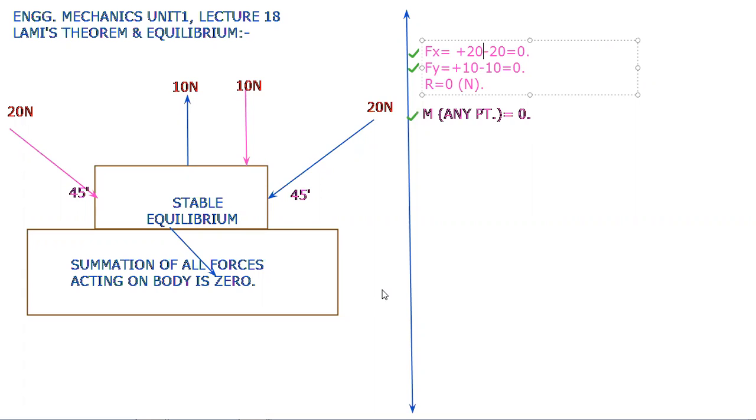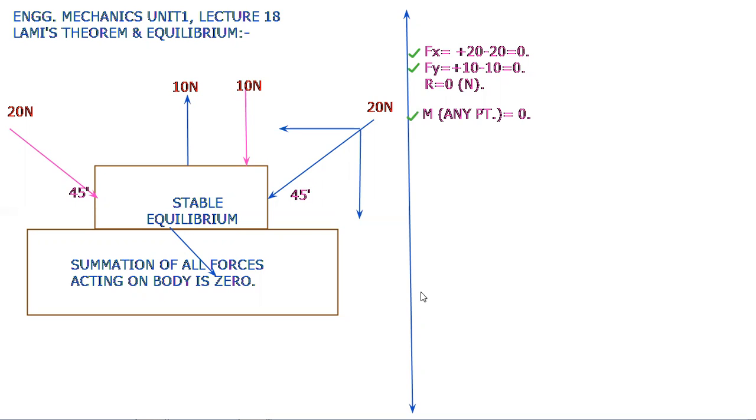For Fx, your horizontal component must be in terms of the 45 degree, means in terms of the cosine of theta. You have to split this force into two components. One will be horizontal, one will be vertical. One will be parallel to the x-axis, one will be perpendicular to the x-axis.